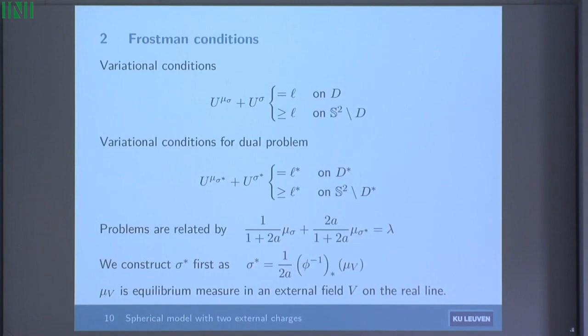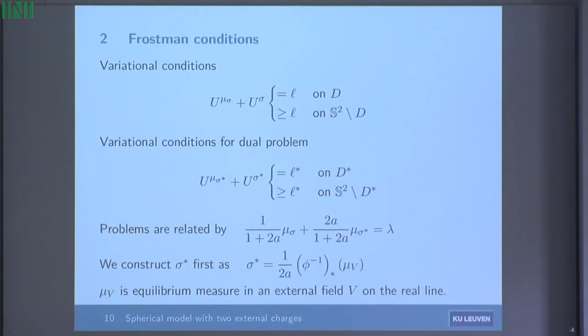That will be this mother body measure, which will be on this big circle on the sphere, and mu v will be on the real line. And mu v will be an equilibrium measure in an external field. But now we're on the real line. So we have an external field u sigma on the sphere, and now something on the real line comes up.